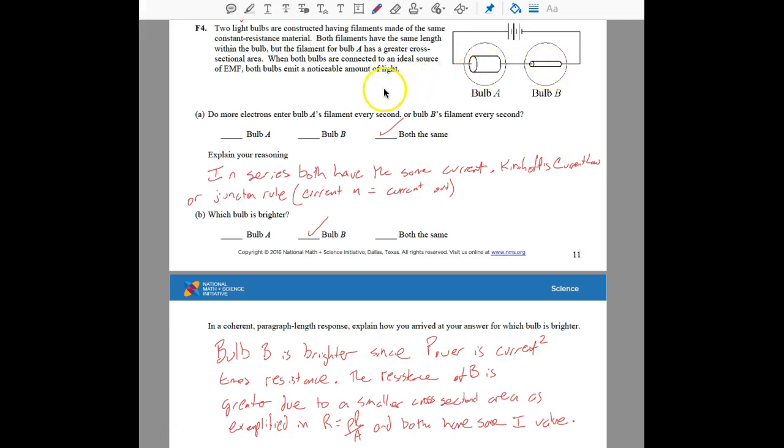Do more electrons enter bulb A's filament every second or B's? Well, remember, they both have the same current. So the current here, which is I, is going to be equal to the current in this one. It flows slower through this one and faster through this one, but if I have 10 things go through this one in a second, so 10 charges per second, I'm also going to have 10 charges per second here.